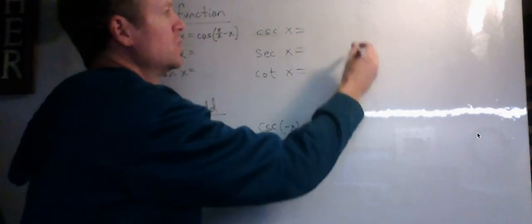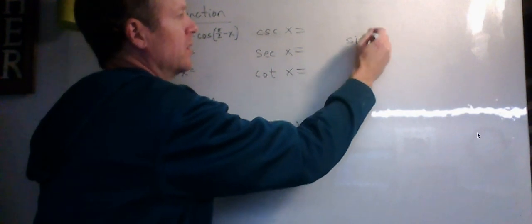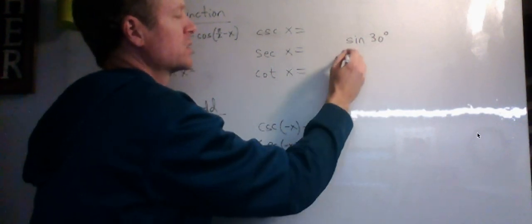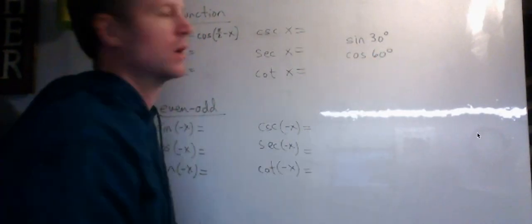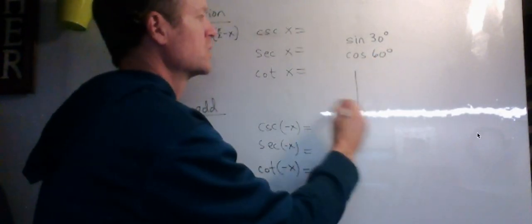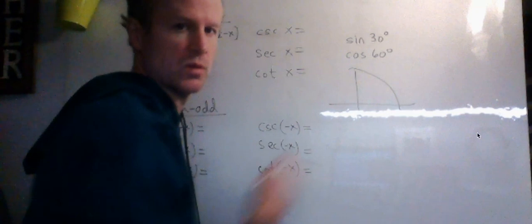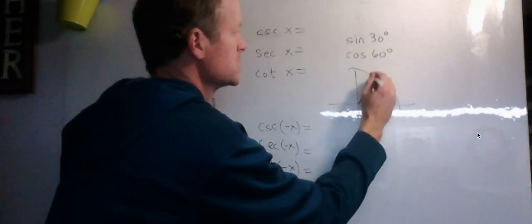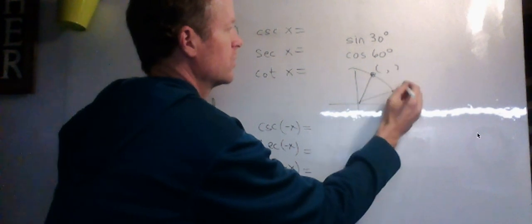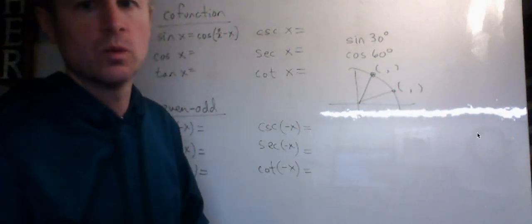So again, on the unit circle, if I took the sine of 30 degrees and then I took the cosine of 60 degrees, and we think about those as x and y coordinates on that unit circle, at 30 degrees and at 60 degrees, if you compare those x, y coordinates, we know that they just flip-flop.